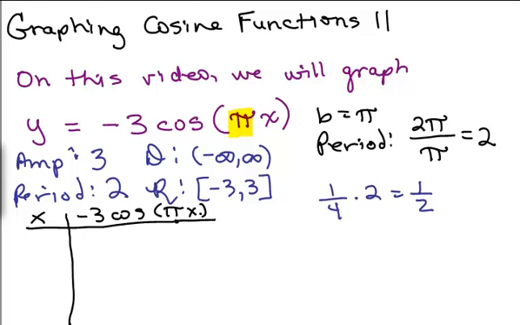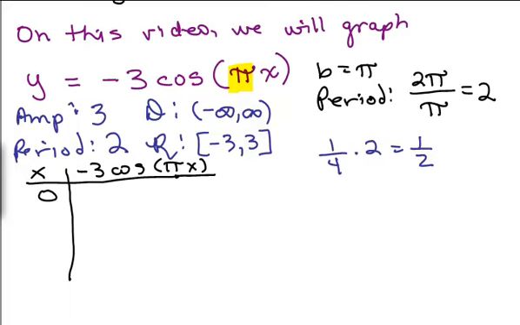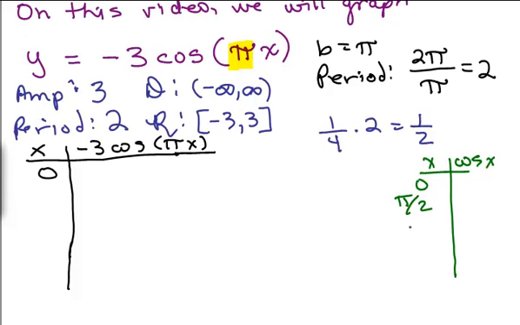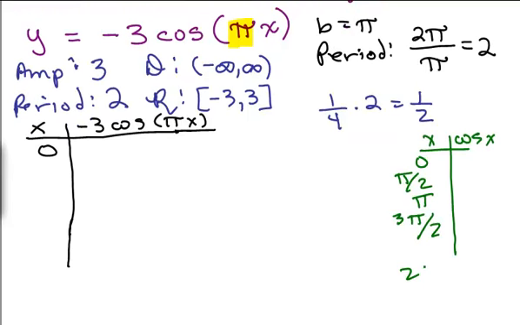So we'll start at 0 because there's no phase shift, just like on all of the ones where we start with a cosine. Remember, the usual values here are 0, pi over 2, pi, 3 pi over 2, and 2 pi.